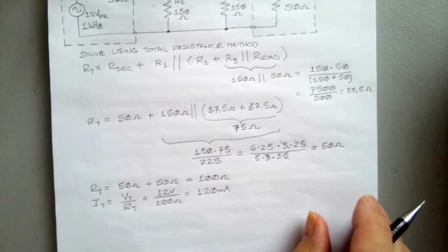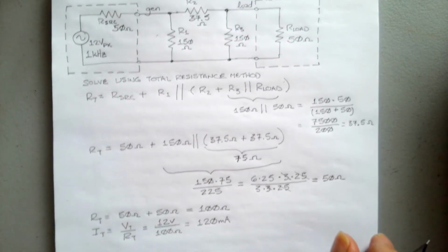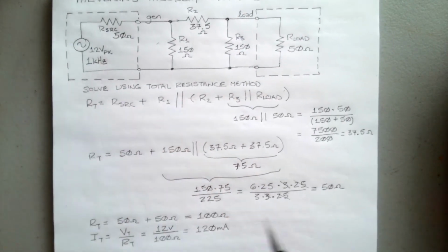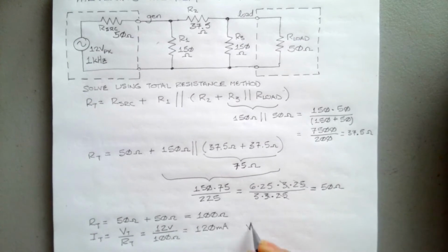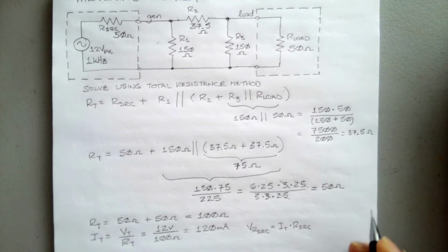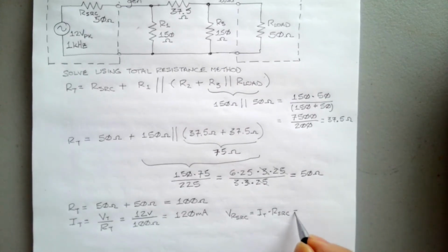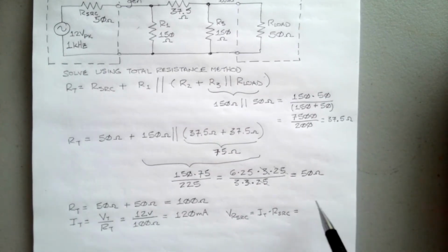Okay, well, with 120 milliamps, VR source is going to be equal to I total times R source, and it's going to be equal to 120 mA times 50 ohms.